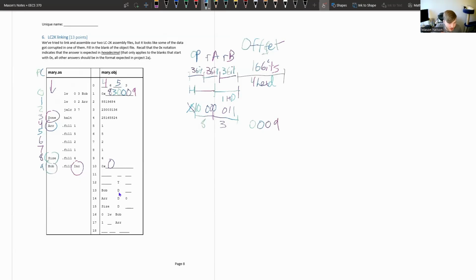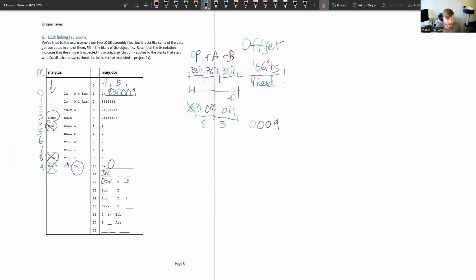Let's see, we see the ones in the data section already defined for us, so we can kind of ignore these. We see there's one in the text section, so that means that this here has to be done, because ink isn't defined in the text section. Done is defined on line 3 of the text section, so that'll be a 3. And then that just leaves ink.